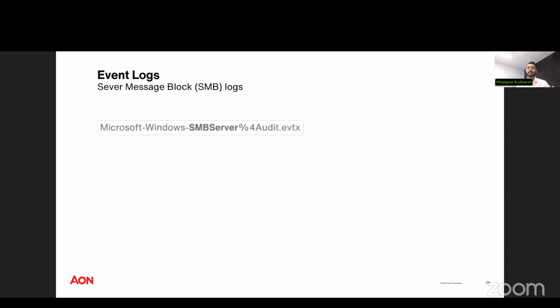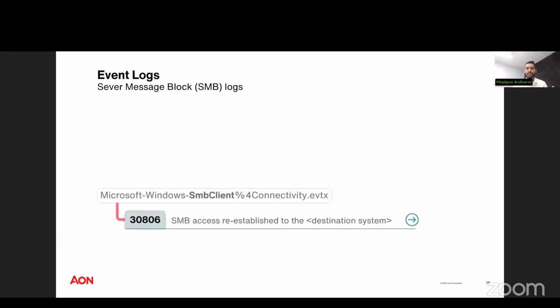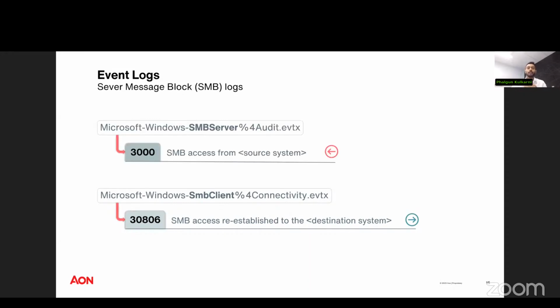So we include event ID 3000, which means that SMB was used to access a destination system from a source system, and event ID 30806, which symbolizes that an SMB connection was re-established. We can correlate both these event IDs to determine when the actual SMB connection was established. Again, all these event IDs from various event logs can be helpful in determining lateral movement as well as remote command execution.